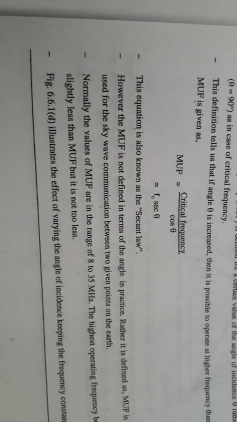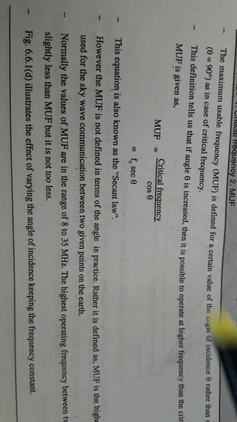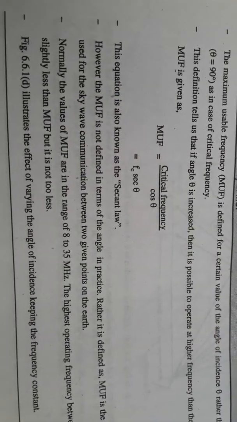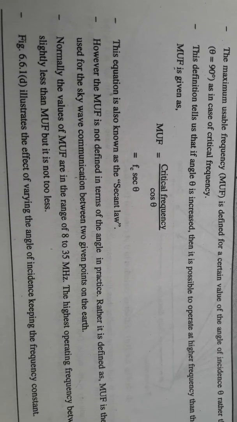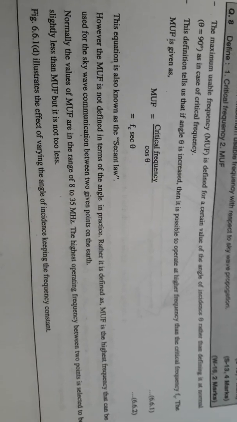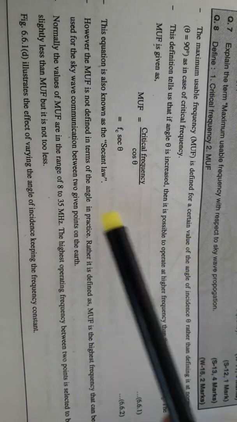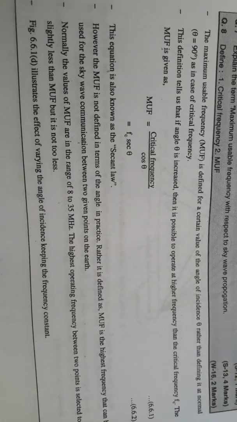Now here we can define the MUF term once again. In practice, MUF is not defined in terms of angle; rather it is defined as the highest frequency that can be used for skywave communication between any two given points.